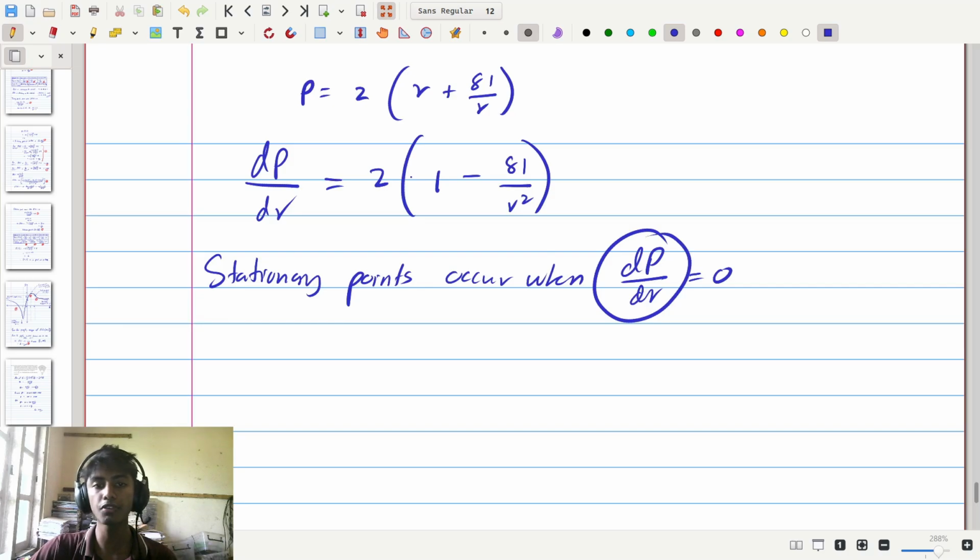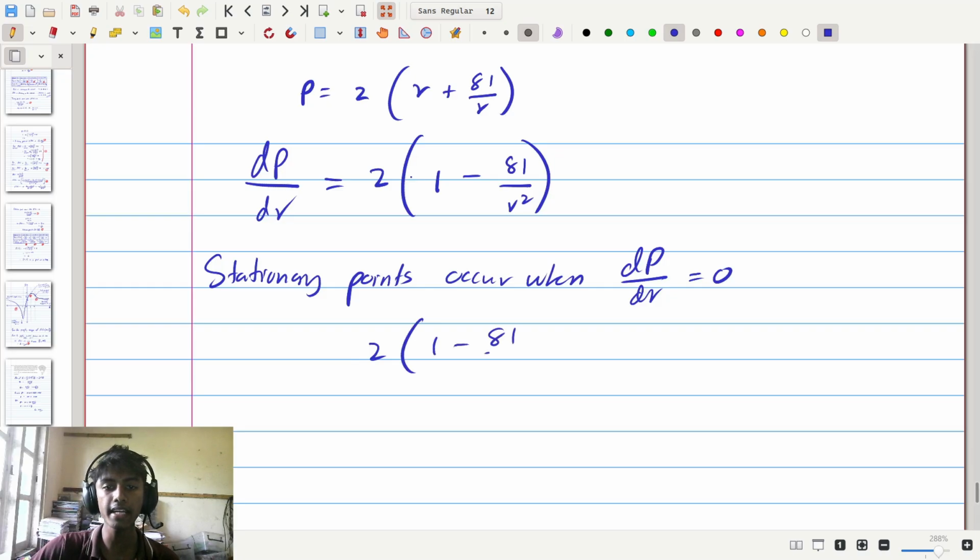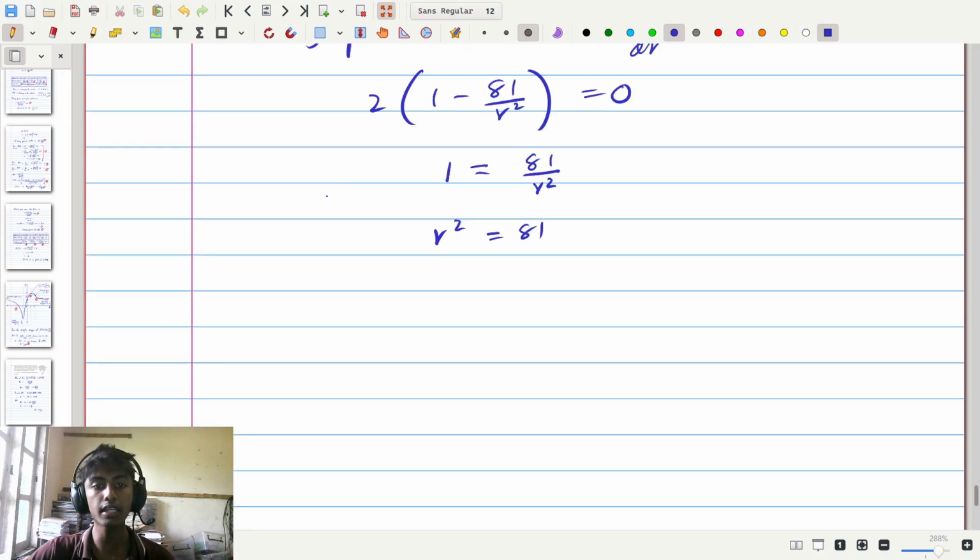So considering this, we substitute in the actual expression of dP by dr, and we get 2 times 1 minus 81 divided by r squared equals 0. Rearranging, we get 1 equals 81 divided by r squared, and thus r squared equals 81, and thus r equals 9. Here we need to say r cannot be equal to negative 9 since r is greater than 0. So we can say r equals 9, because r is greater than 0.